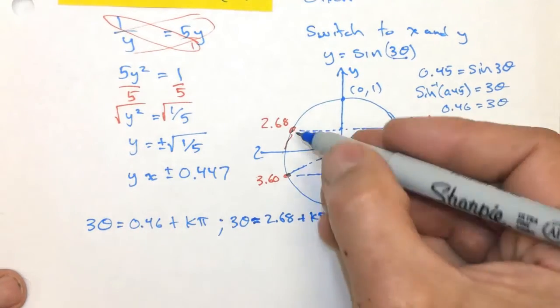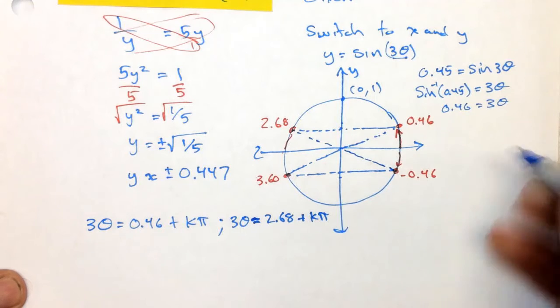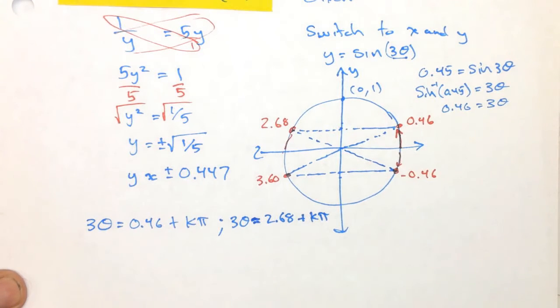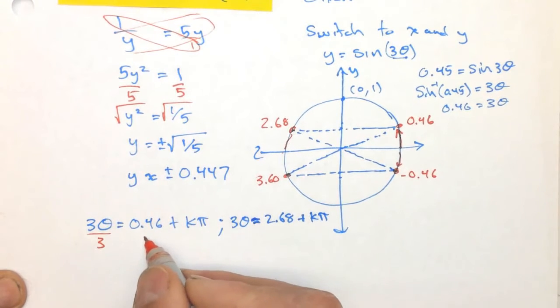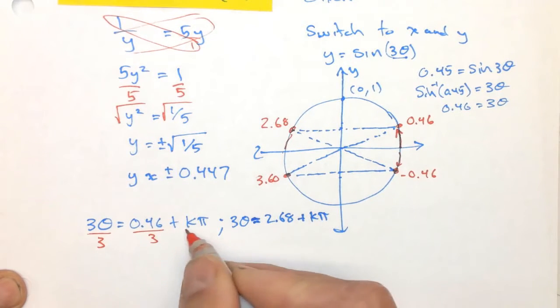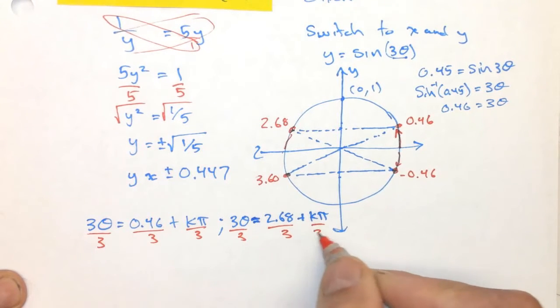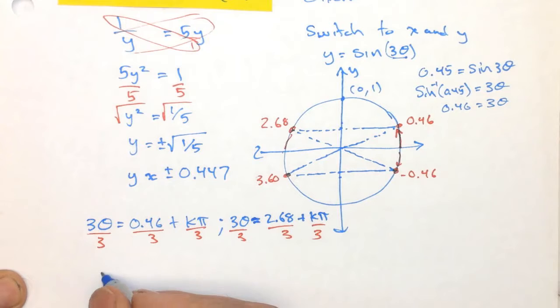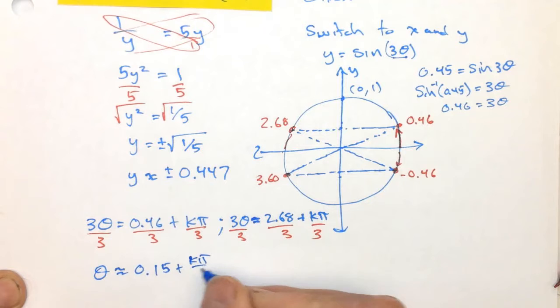The second one I wrote is going to cover those two solutions, so that really represents all of my solutions. The next thing I'm going to do is solve for theta, so I have to divide by 3. I'm just going to distribute that division there. Same thing over here. Just divide everything by 3. So now I got theta equals approximately 0.15, rounding, plus k pi over 3.